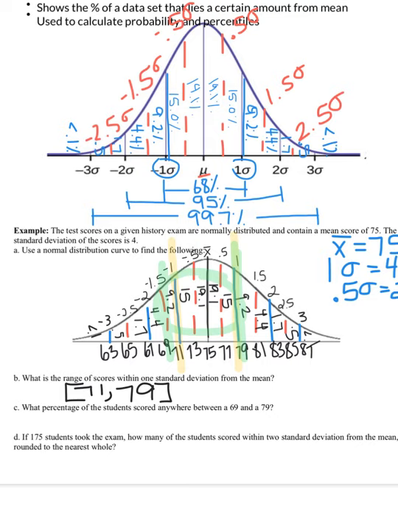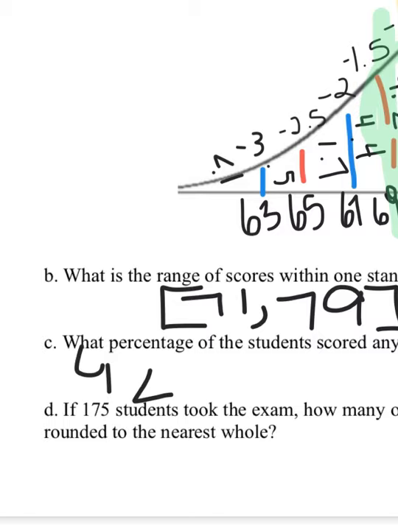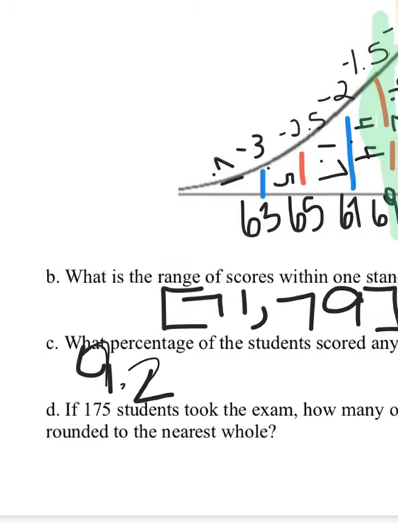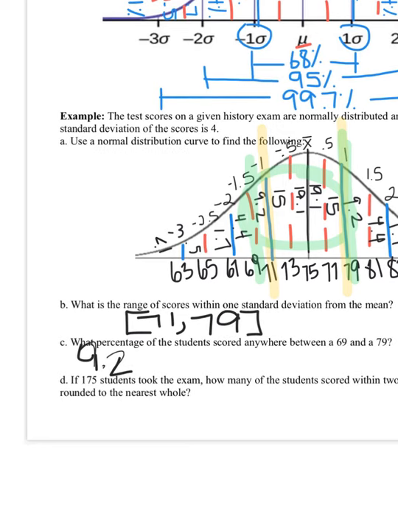So to figure that out, I would take all of the percentages, so 9.2, plus 15 plus 19.1 plus 19.1, and I stop at the next 15.